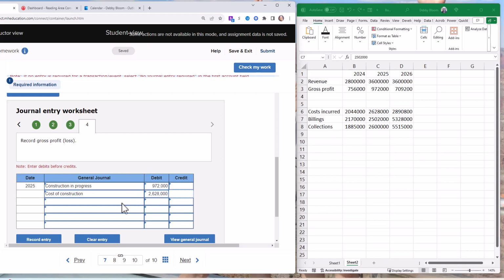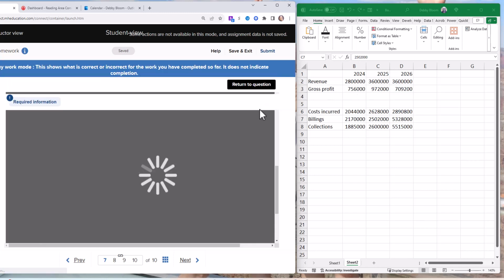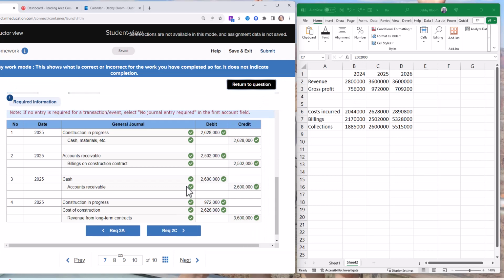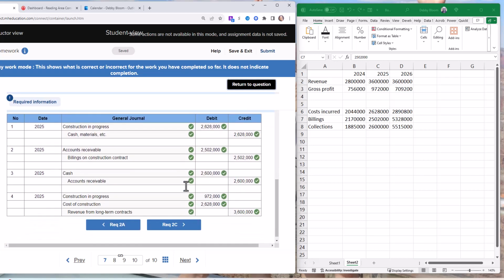And those two should equal the amount of the revenue that we recognized in 2025, which is $3,600,000. Okay, and we've got year 2 correct.